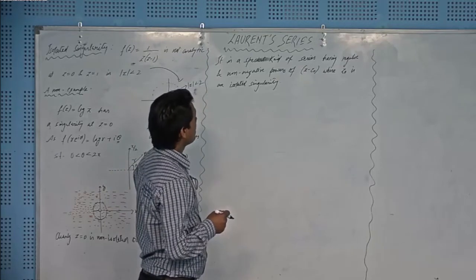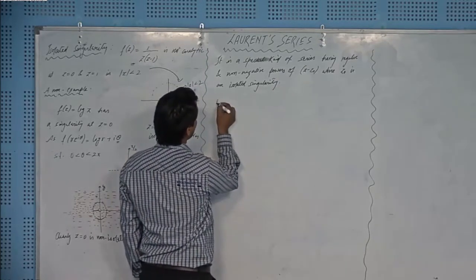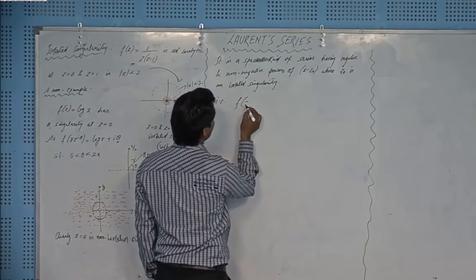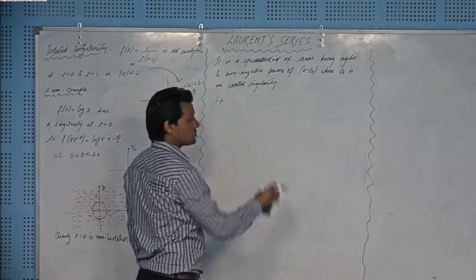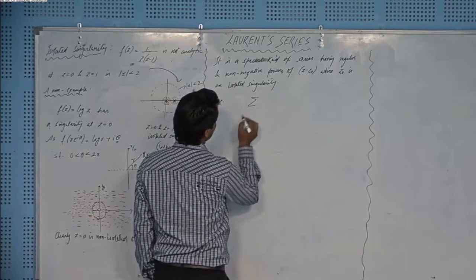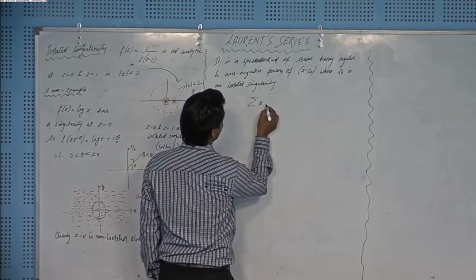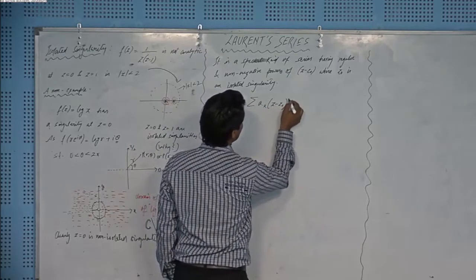Okay, so the series is of this form: summation of a minus k times z minus z naught to the power minus k.